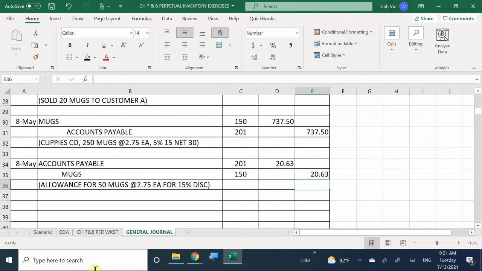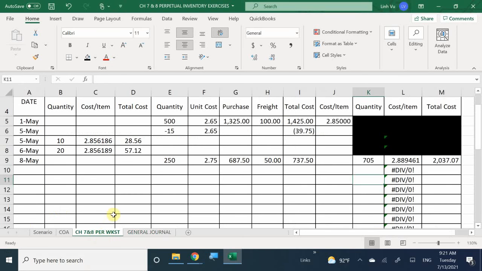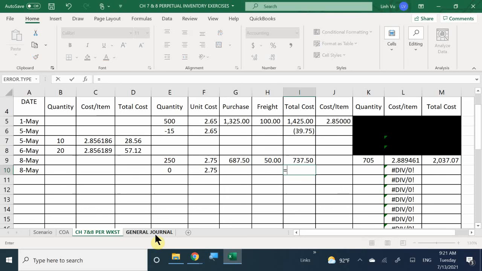So let's actually plug that into my inventory worksheet. Okay, so it is May 8th. We didn't technically return anything, but it still cost us $2.75. Now, here, my total that I'm going to be discounting for, once again, I'm going to type in that formula.